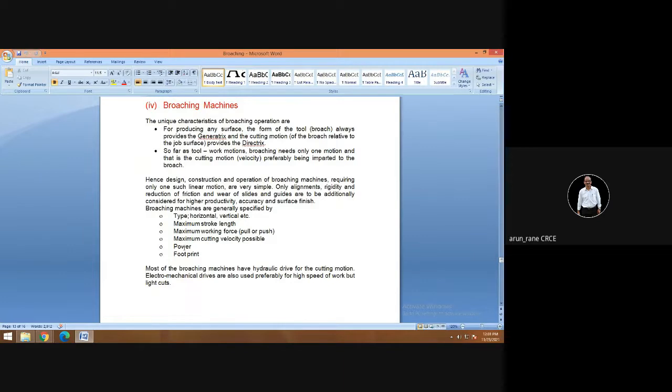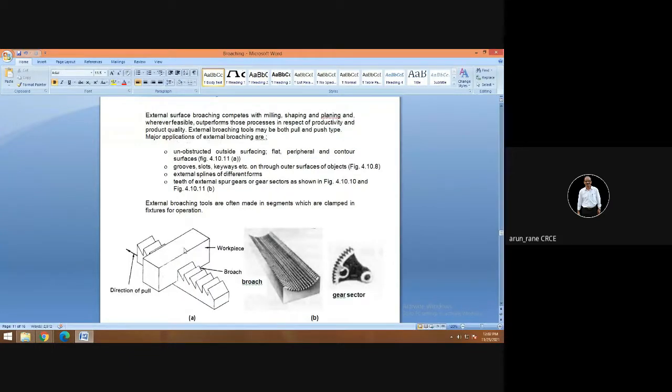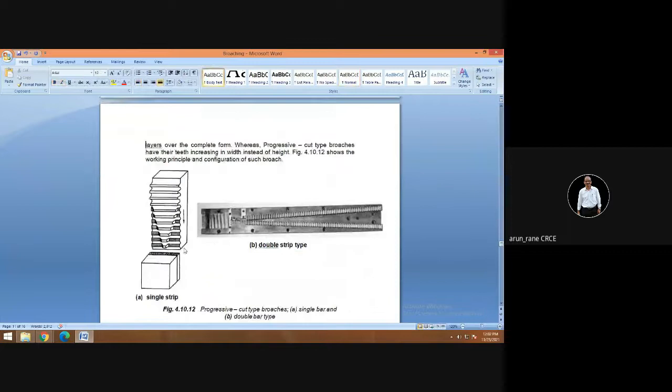And obviously there are other parameters like what is the type of the broaching machine, horizontal or vertical, what is the maximum working force, whether it is pull or push, what is the cutting force especially, what is the maximum possible cutting velocity, then what is the power requirement, and so on.